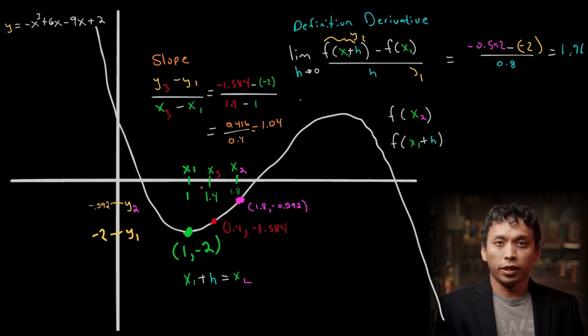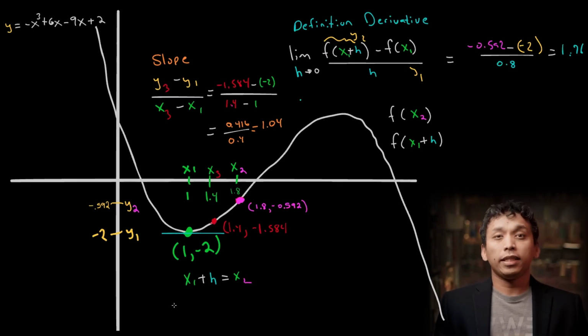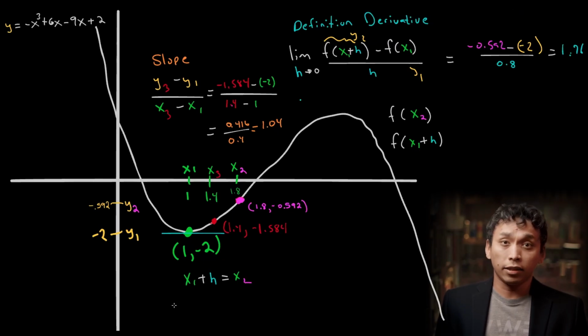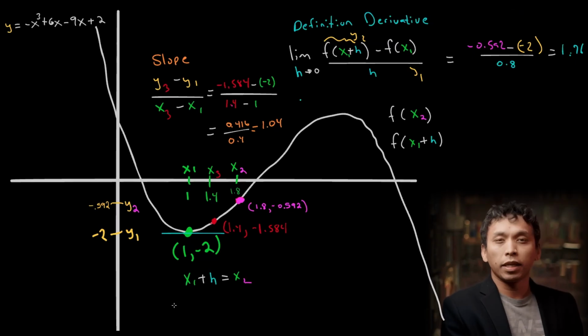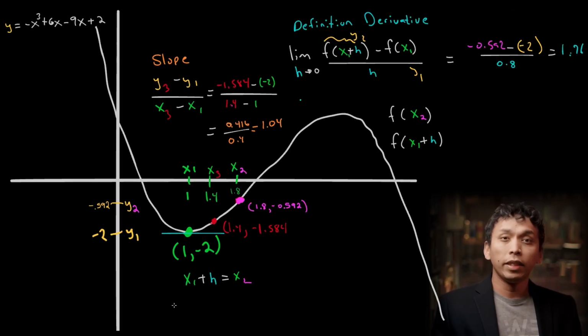And if you end up at 0, you will get the actual instantaneous slope at the green dot. The definition of derivative just allows us to find the instantaneous slope at that green dot using the logic of taking slopes of dots getting closer and closer to the original green dot, or minimizing the h distance, making the limit h going to 0.